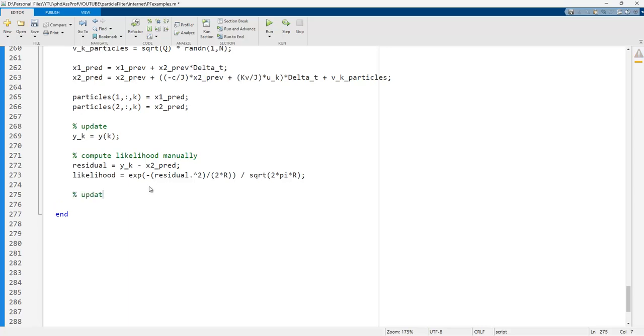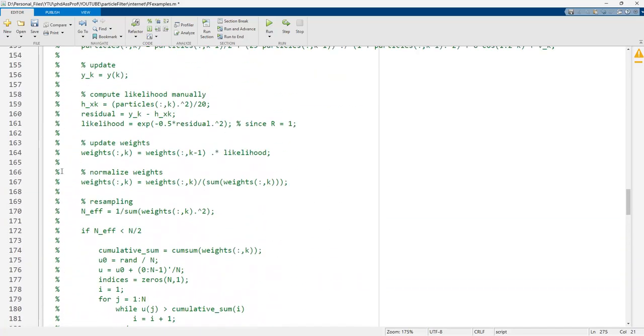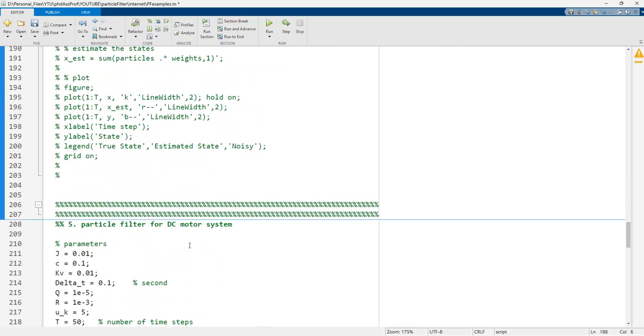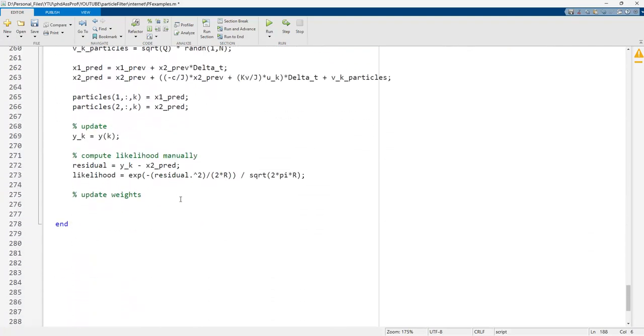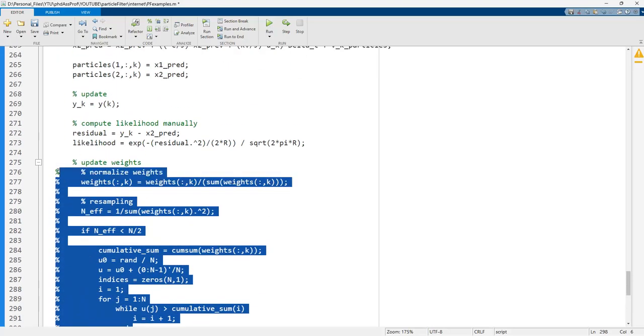the update of the weights, update weights can be done with the previous algorithm. Actually this is the same. I can copy the whole of these things in here, because the rest of them is the same.